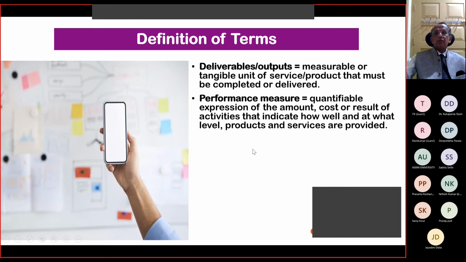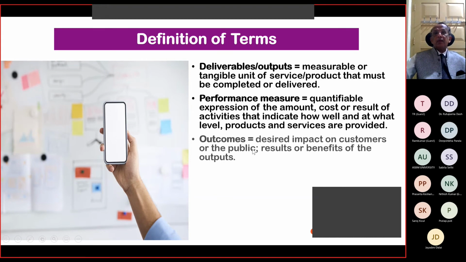Anybody? Nobody wants to answer. Getting a degree from the university itself is a performance measure. There you can have a classification, distinction, first class, second class, whatever the university has. It's an acknowledgement, and that's a performance measure given by the university.